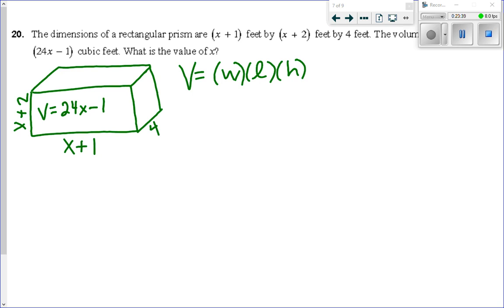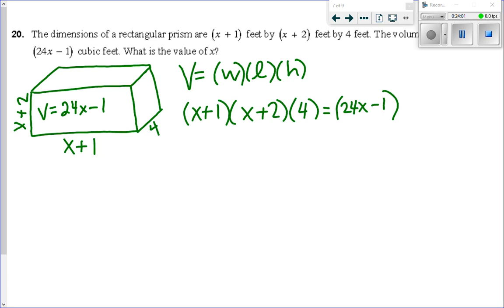All right. So let's fill in all these letters that we have. x plus 1 times x plus 2 times 4 equals 24x minus 1.